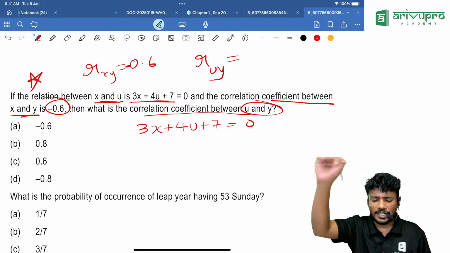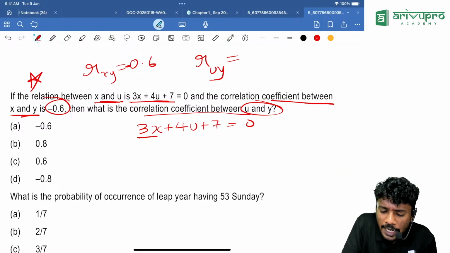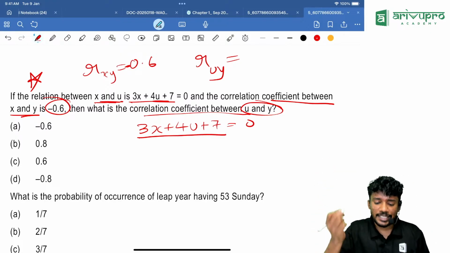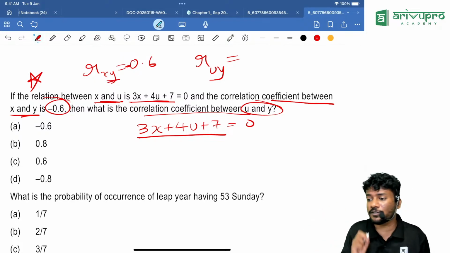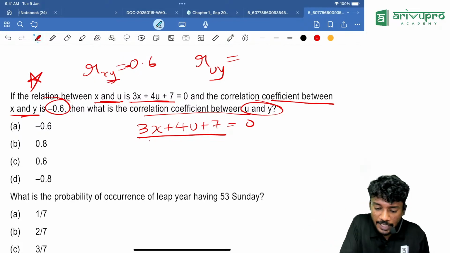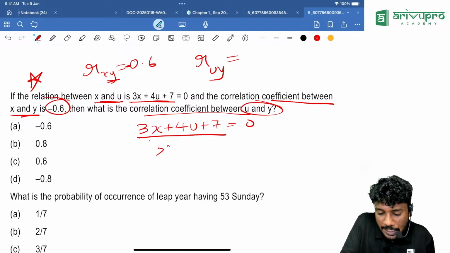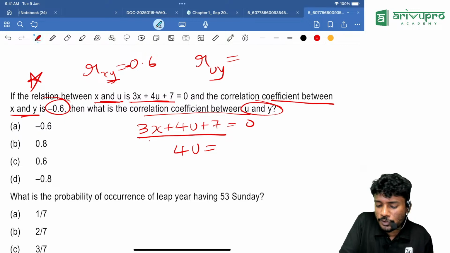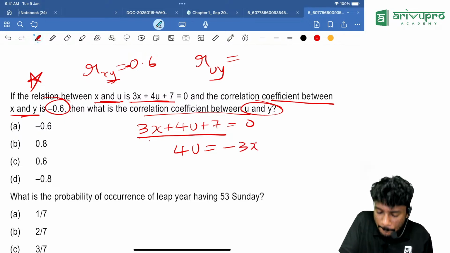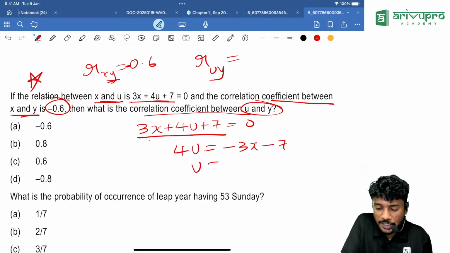Let's see. X and y is given. We will check x and u. 3x will become, we take it in terms of u: 4u is equal to minus 3x minus 7. U is equal to minus 3 by 4 x minus 7 by 4.